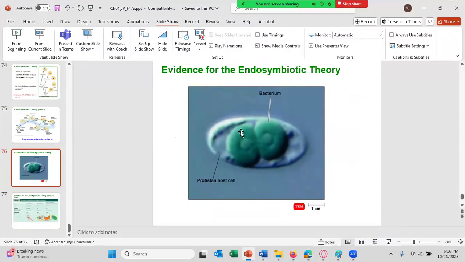And there's some amoeba species of protists which lack a mitochondria. And what these amoeba do is they engulf a bacteria and then have that bacteria make the ATP for the amoeba.